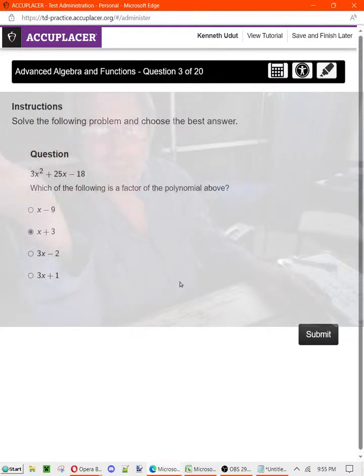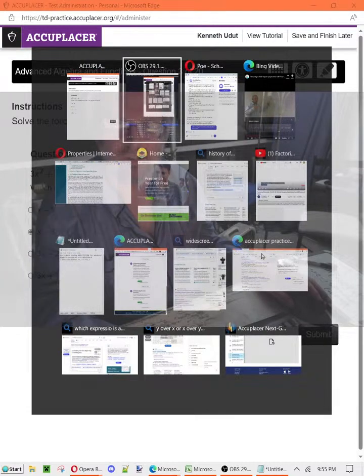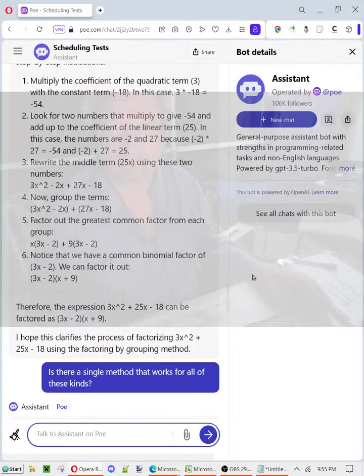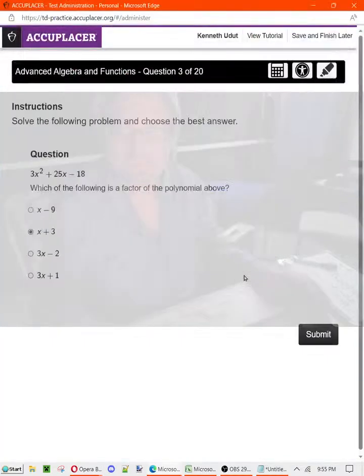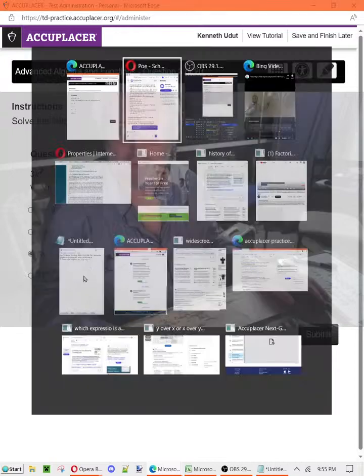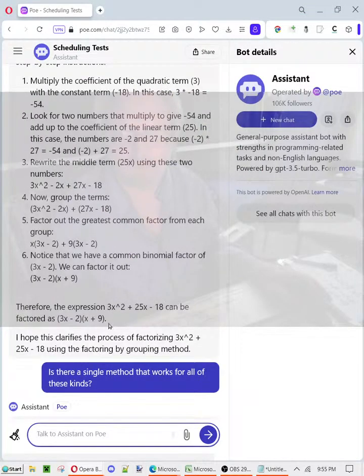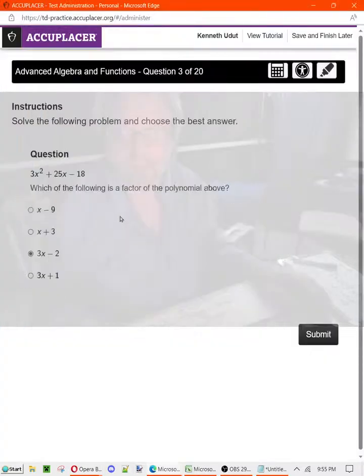I think I saw the answer. I didn't see the answer, did I? This is so Cheatsville. 3x minus 2, x plus 9. 3x minus 2. See, I never would have got it. But I did have it right. 2 times 9 is negative 18.